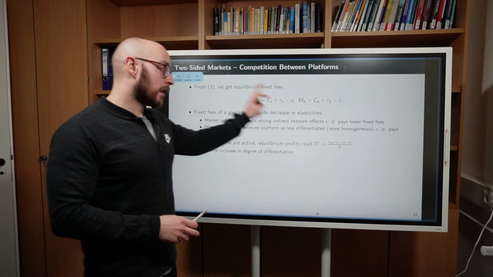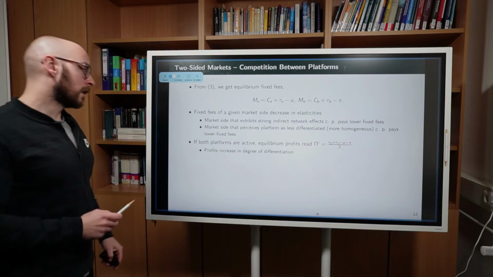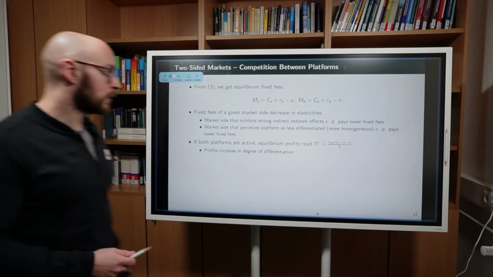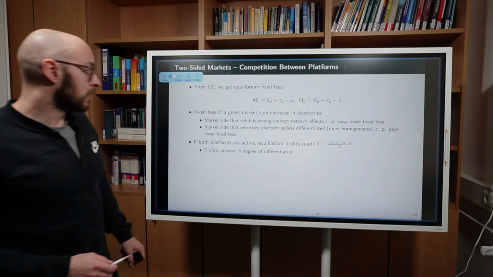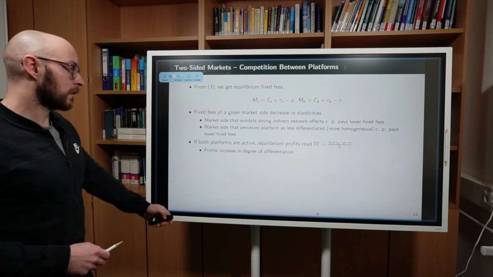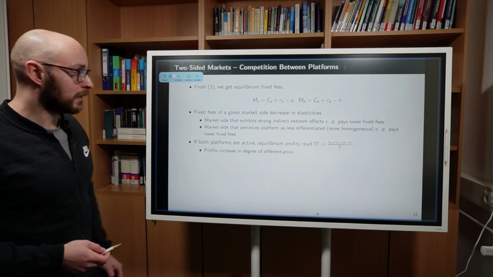And from there we can compute the equilibria, and you will see here that the profits also decrease in the degree of product differentiation.